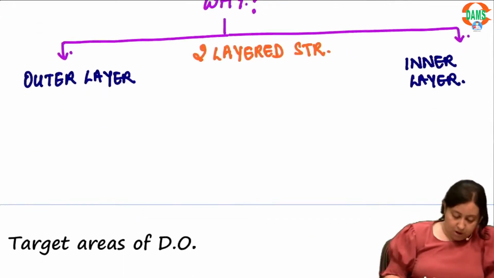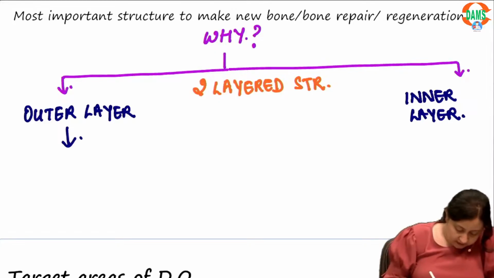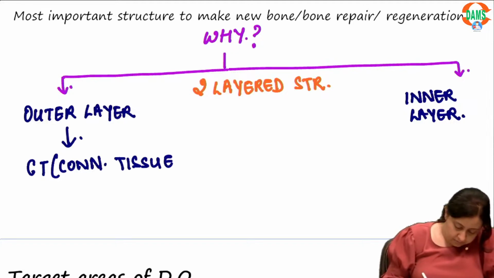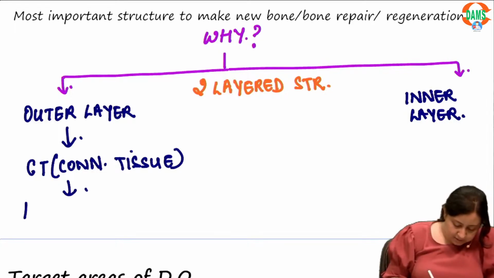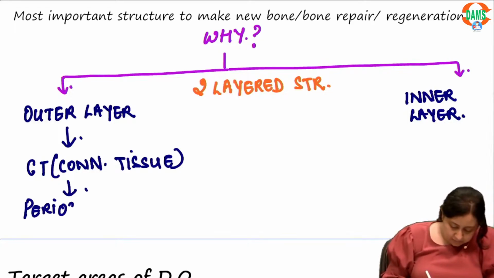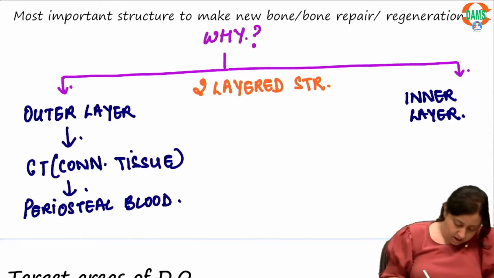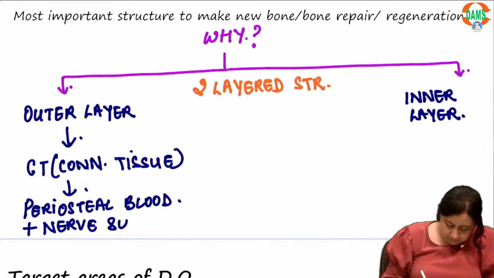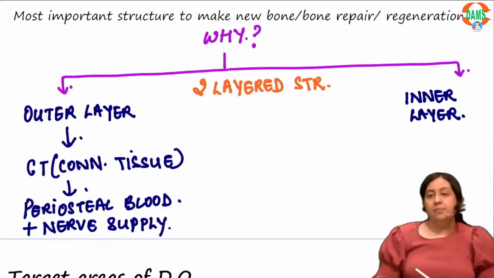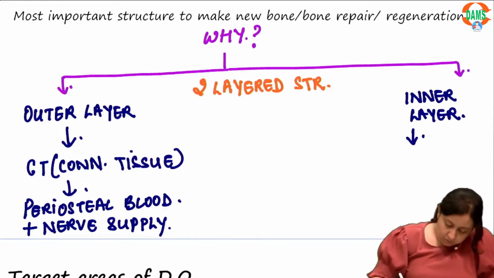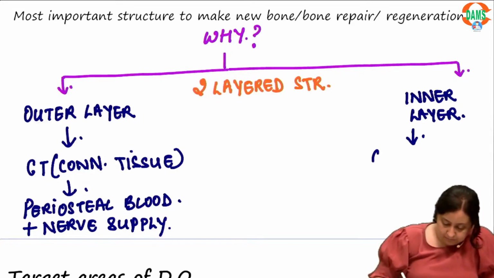The outer layer is your connective tissue layer. It contains the periosteal blood supply and periosteal nerve supply. The inner layer is also known as the cambium layer.